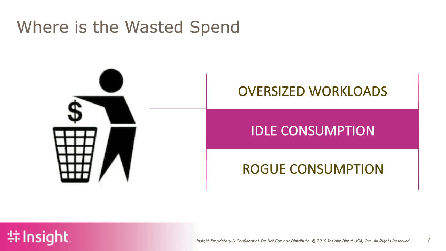We see rogue consumption where there is a workload performing in unanticipated ways that's driving consumption up. And as consumption increases, so does spend. So being able to understand all of this is critical to being able to maximize your return on investment, as well as being able to understand how to responsibly move through the cloud and how to feel like you are in full control of your cloud environment.